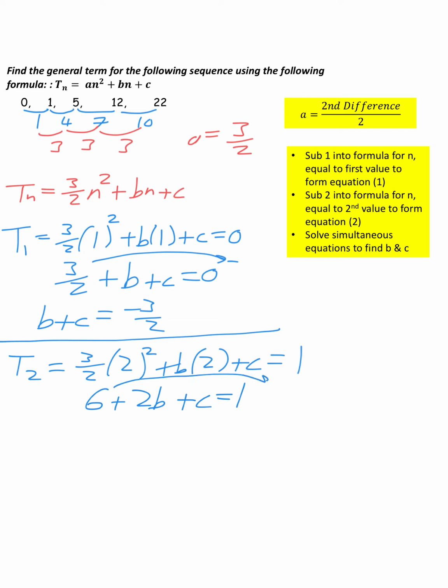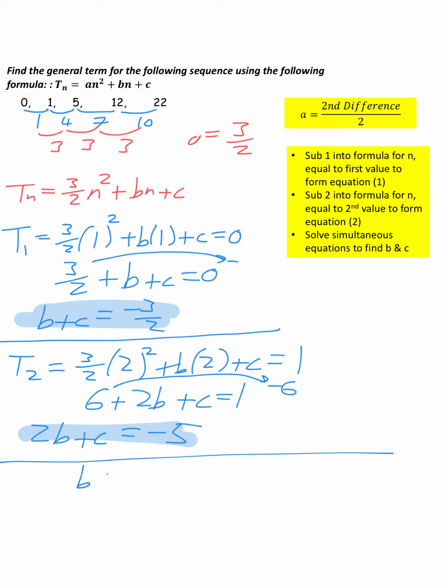Let's bring the 6 to the other side, so that'll be minus 6. So 2b plus c equals 1 minus 6, so that'll be minus 5. So now we have our two equations. So let's solve these now simultaneously.